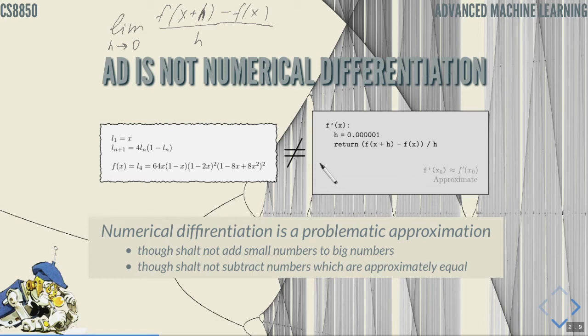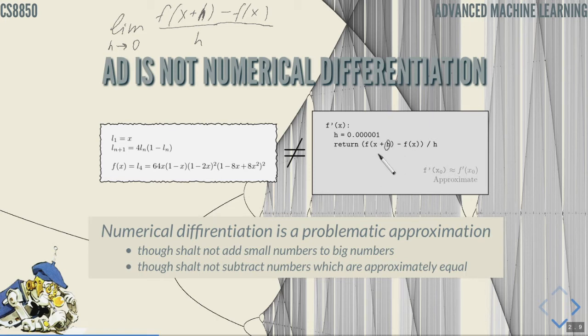Well, it turns out numerical differentiation is a problematic approximation. It simultaneously commits two sins of numerical computing, or numerical stability. The first commandment is: thou shalt not add small numbers to big numbers. And we are doing that, right?